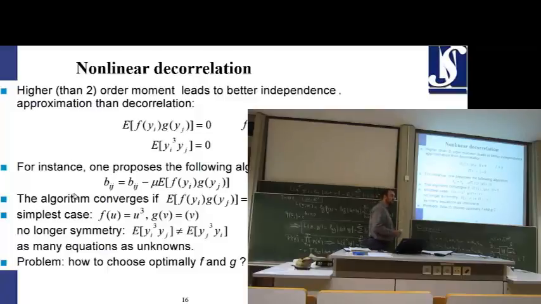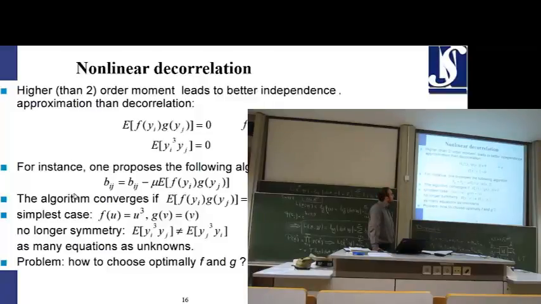So if you're not able to make the independence, at least we can make a nonlinear function over y1 and y2, and using this f and g for yi and yj, try to decorrelate f of y1 and g of yj, something like that.